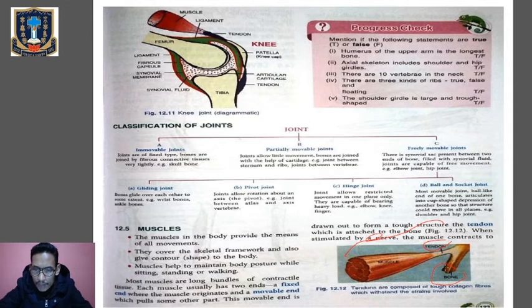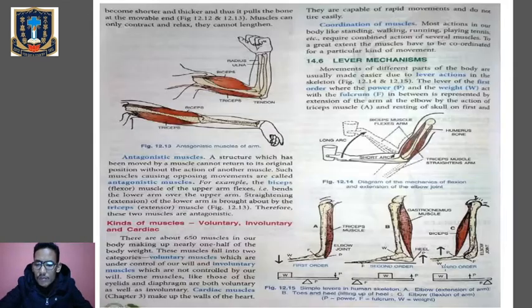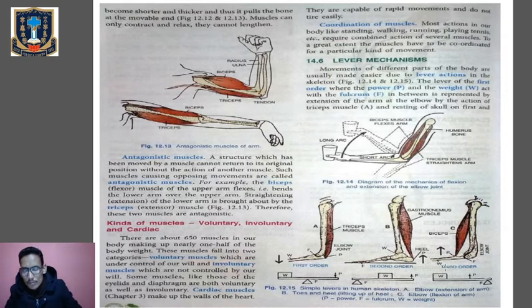So when stimulated by a nerve, the muscle contracts to become shorter and thicker, but muscles never become lengthened. They only become shorter and thicker. Clear? And when it becomes shorter and thicker, it will pull the bone at the movable end. Muscles can only contract, they can relax, but they cannot lengthen.